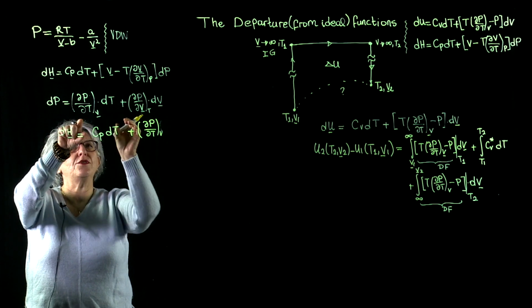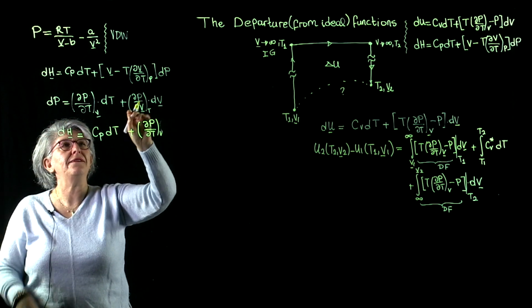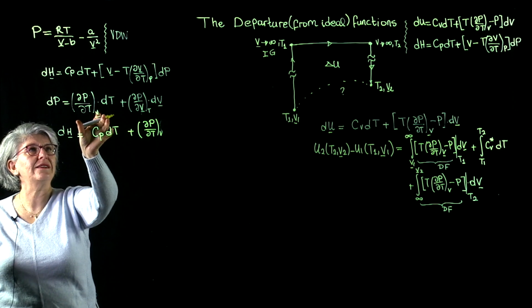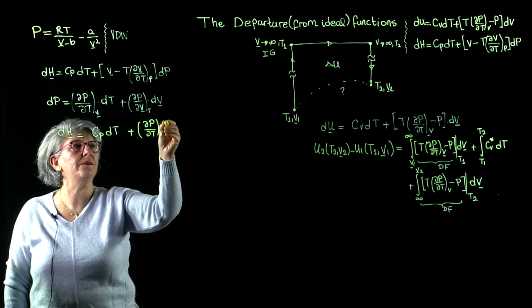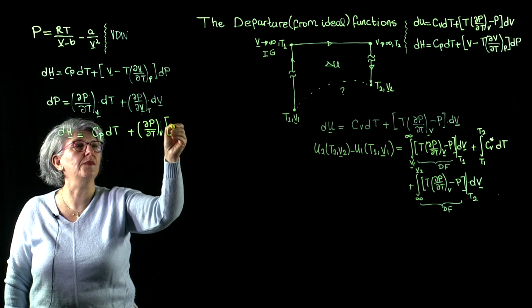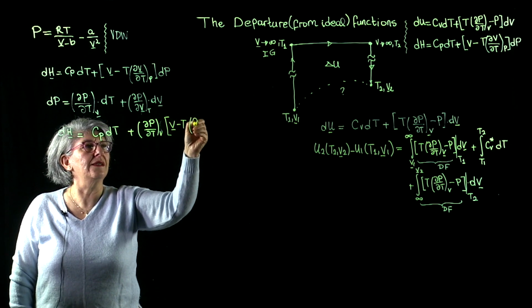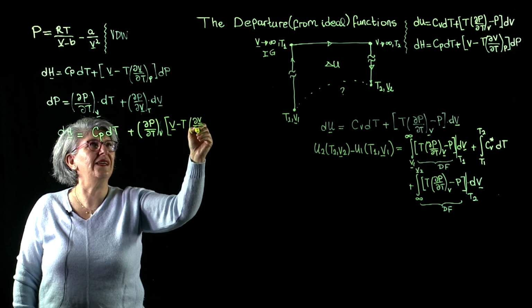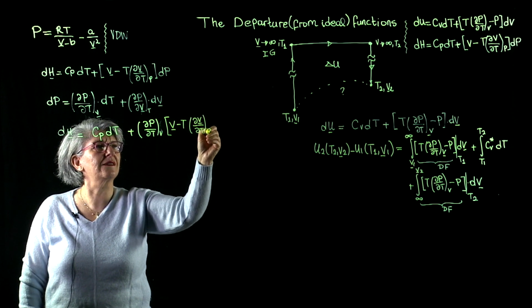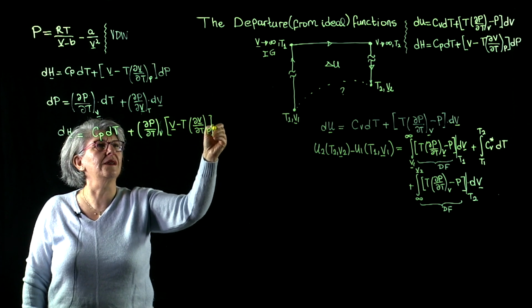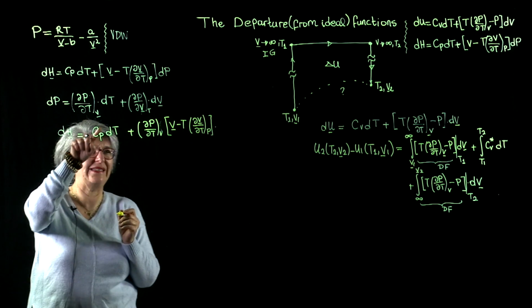So when I substitute this over here, I have del P over del T at constant V multiplied by this whole group, V minus T del V over del T at constant P, times dT.